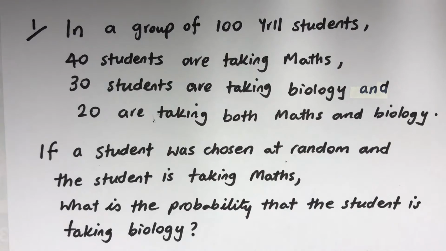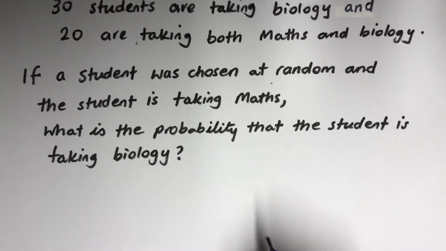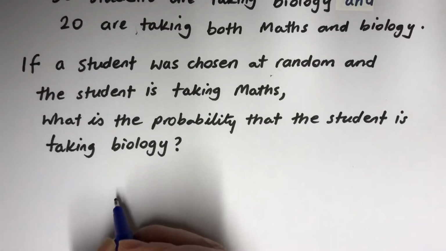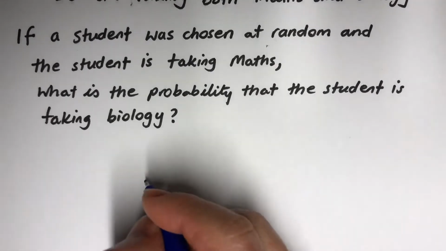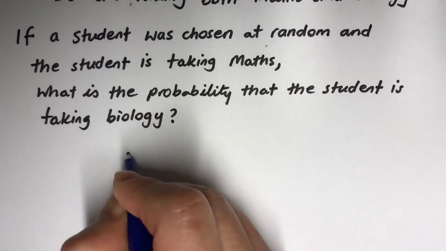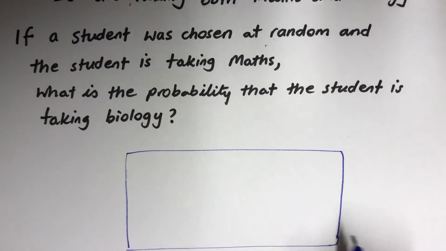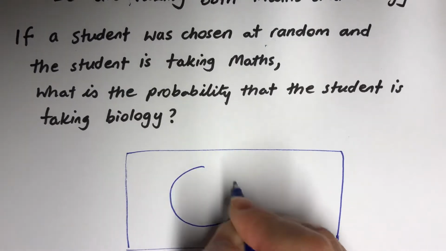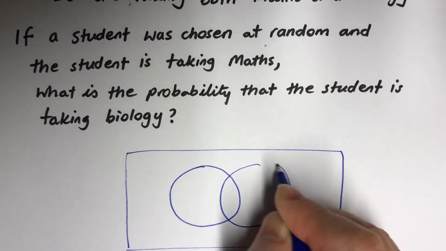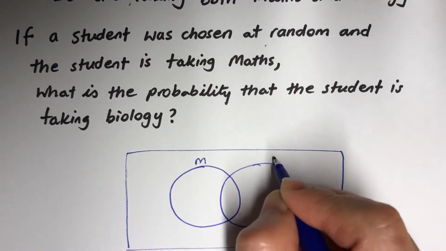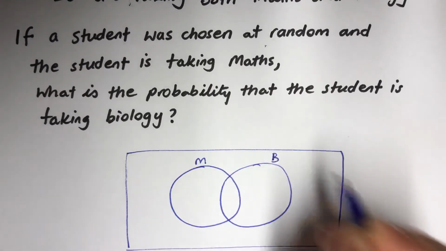So first thing first, I would sketch a Venn diagram. I like Venn diagrams. It's not easy to draw sometimes, but it's not too bad. So that's maths and that's biology.